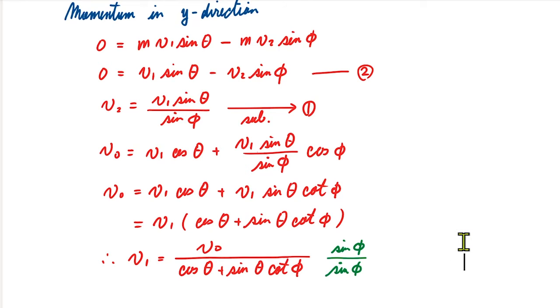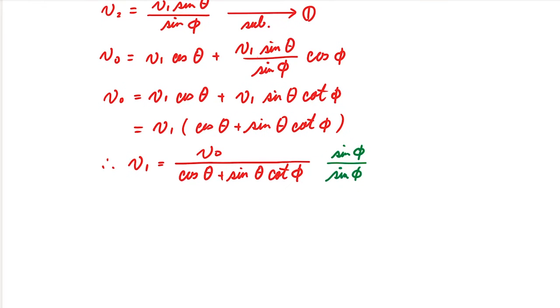So this is equal to V naught sine phi over cosine theta sine phi plus sine theta cosine phi, since the sine phi cancels.